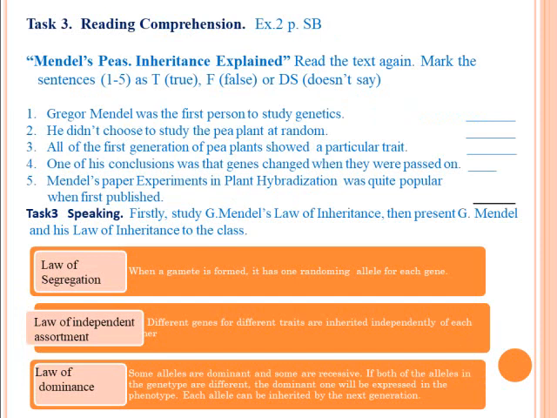Let's read the text, Mendel's Peas: Inheritance Explained. While reading, mark the sentences from 1 to 5 as T, true, F, false, or DS, doesn't say.